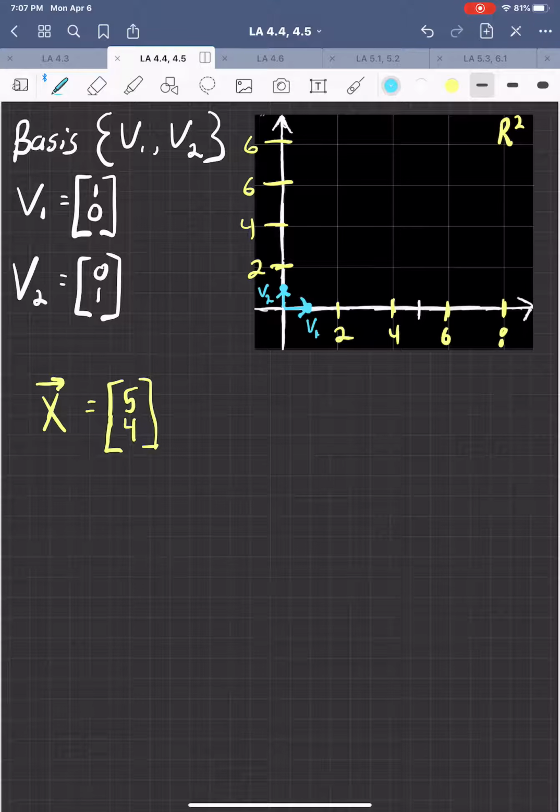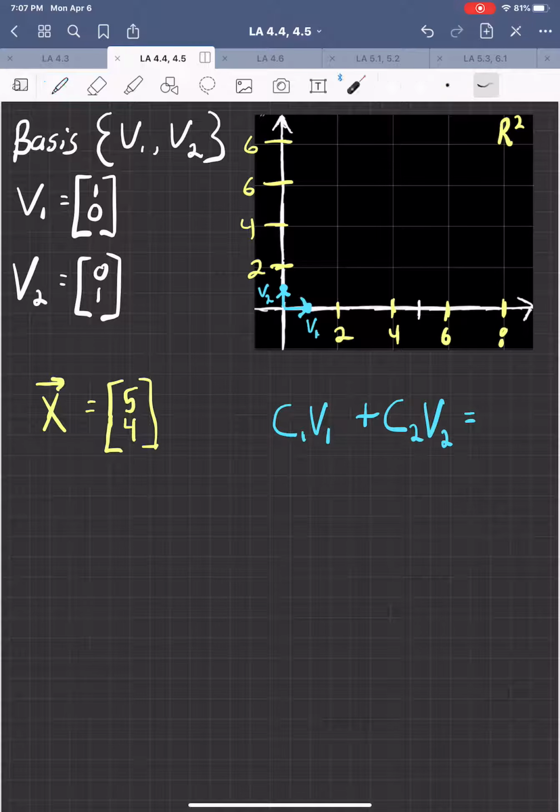Instead, what I want you to think about is the fact that if you attach a scalar to v sub 1 and you attach a scalar to v sub 2, and it is true that v sub 1 and v sub 2 form a basis for our vector space R2, then we would be saying that we can reach any (x, y).